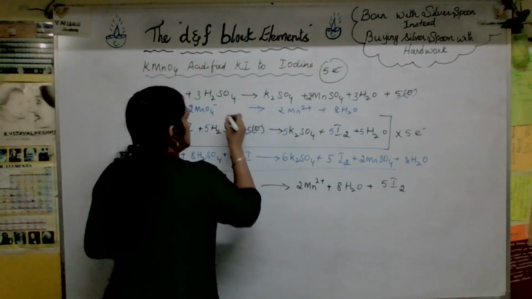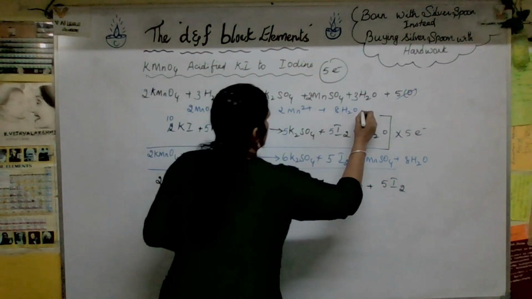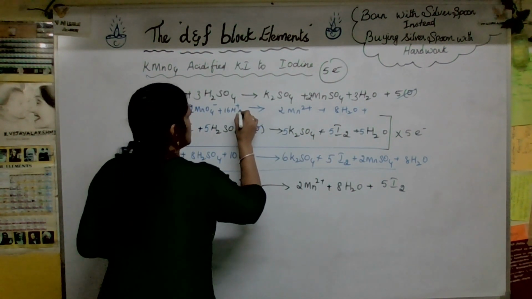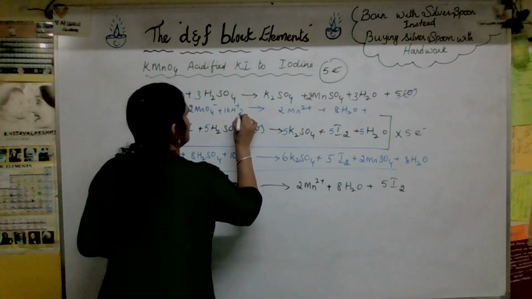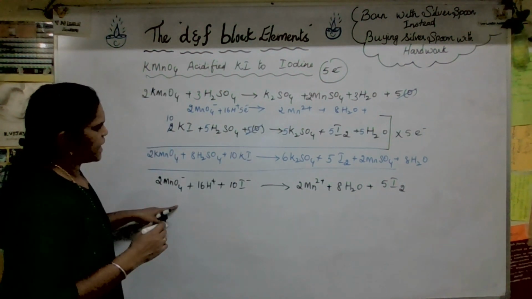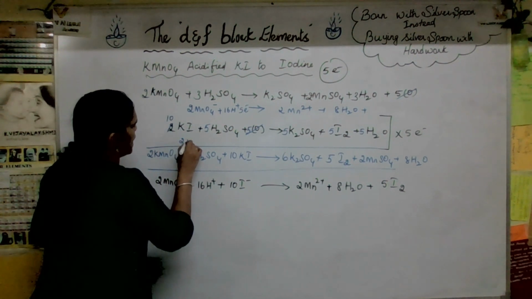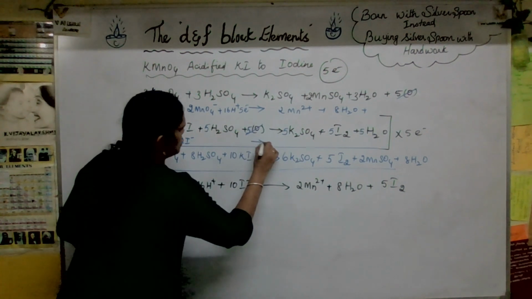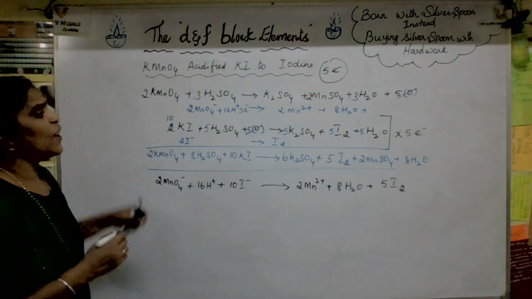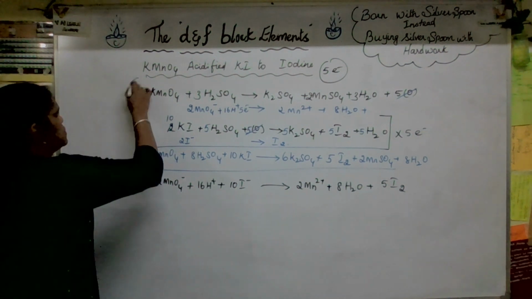Now that means here 16 H plus ion, and how many electrons are involved? 5 electrons involved. So here 5 electrons. So in this way you can write it. Okay. Now here also you can write 2 I minus gives I2. Like this you can write the ionic equation. Hope you're clear with this part also.